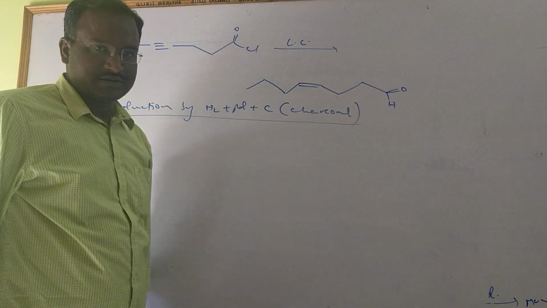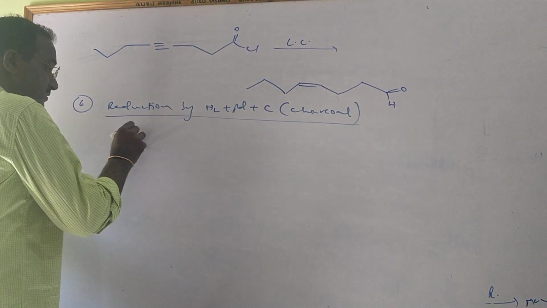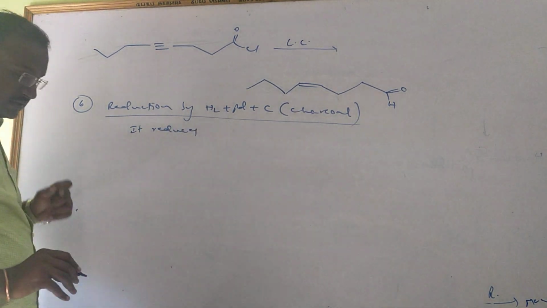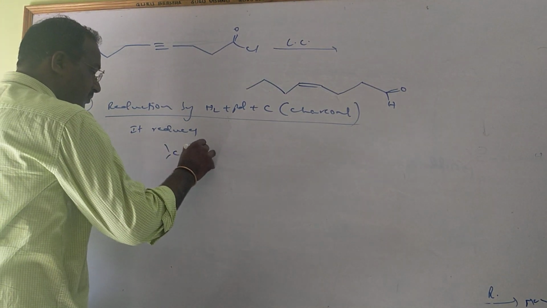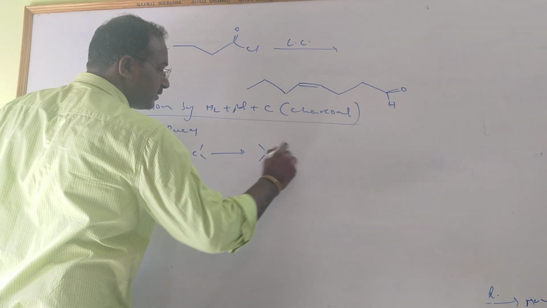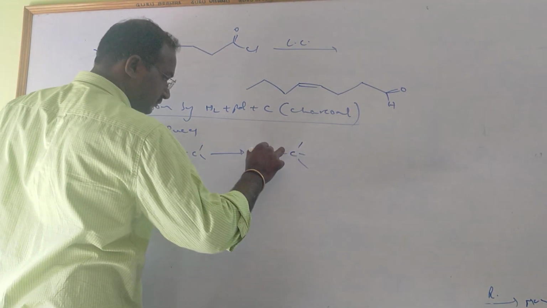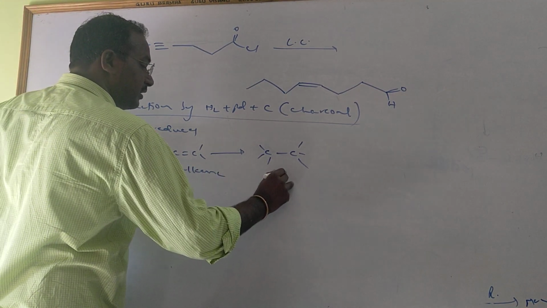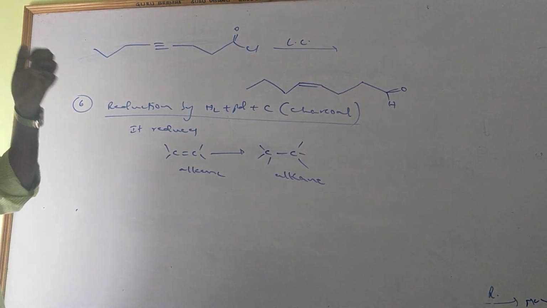It is not poisoned. Due to this, what will happen? This reagent reduces double bond, alkene to alkane. It reduces, and the alkane is formed directly.